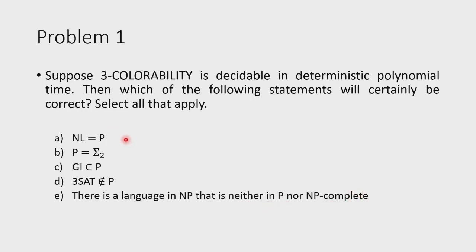So would you like to guess the answer to this question? Come on, this is an easy question. Okay, so there are two correct answers, P is equal to sigma 2 and GI in P, and let's see why.